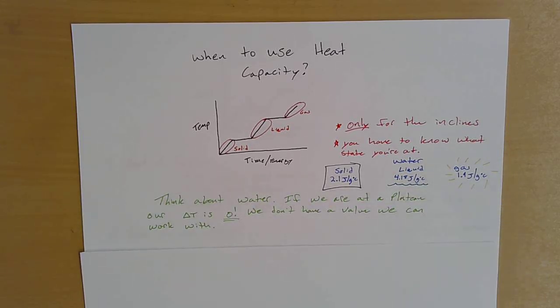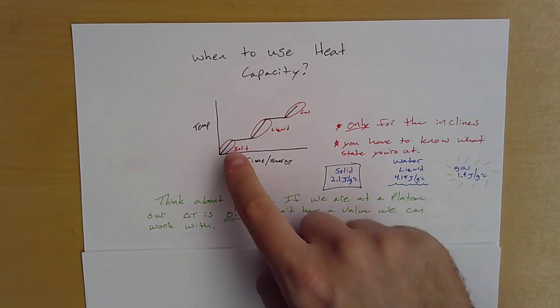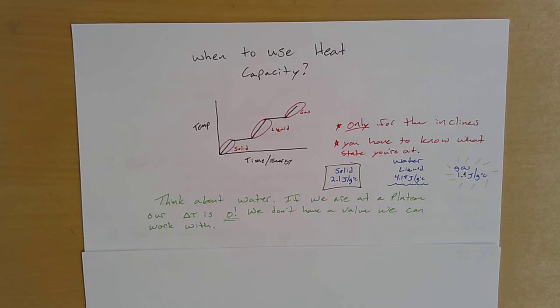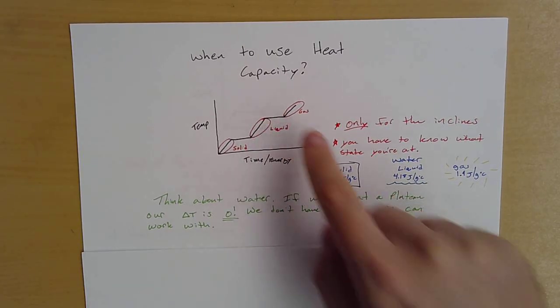And we have to think about this. If we're at a plateau, we can't use this because our delta T, our change in temperature, is 0. Anytime that we do math with that 0, it's just going to end up as 0. And we know that we need energy to turn that solid into a liquid. We know we need energy to turn that liquid to a gas.